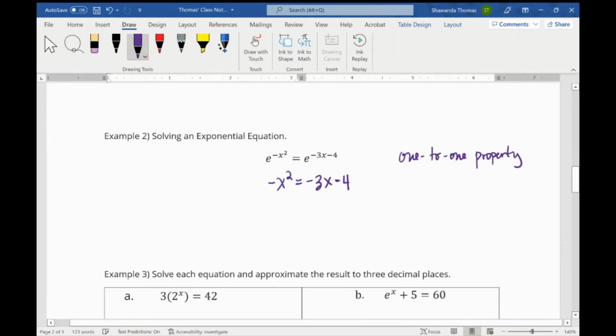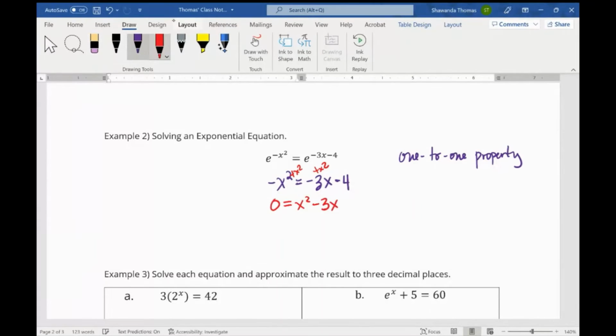Now this is a quadratic equation. I don't like my leading coefficients to be negative, so I'm going to add x squared to both sides. It becomes 0 on the left side, equals x squared, and I'm already putting this in descending order.